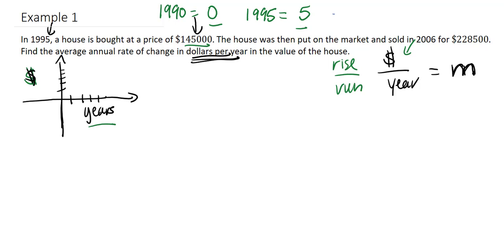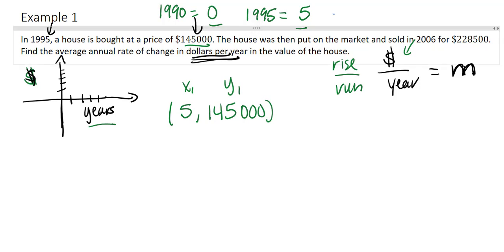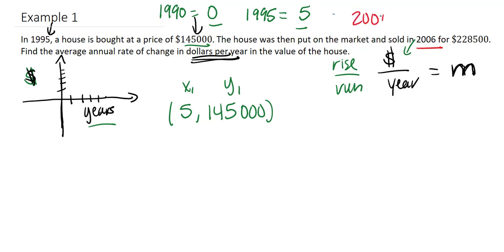These are just easier numbers to work with. So let's say our first point is x1, y1: 5, and then our y value is 145,000. Then we have to have another point. We have 2006, so 2006 minus 1990 is 16.